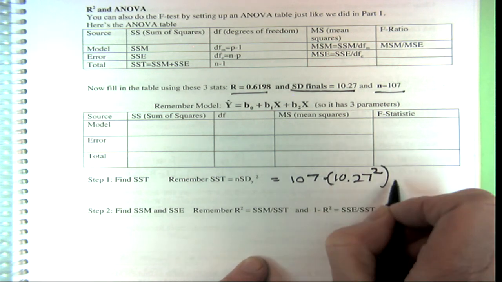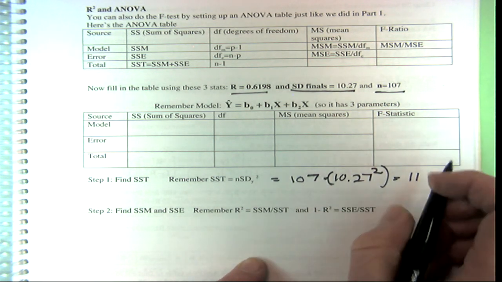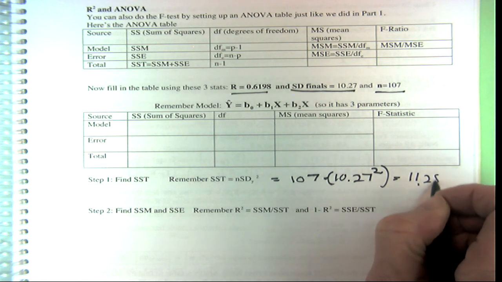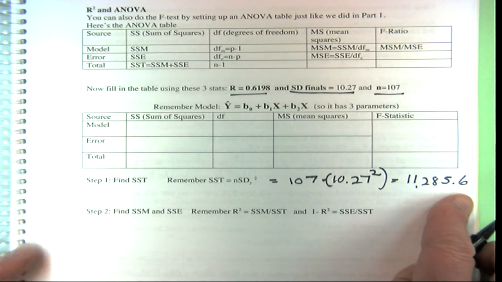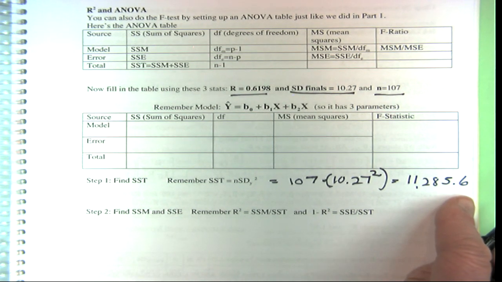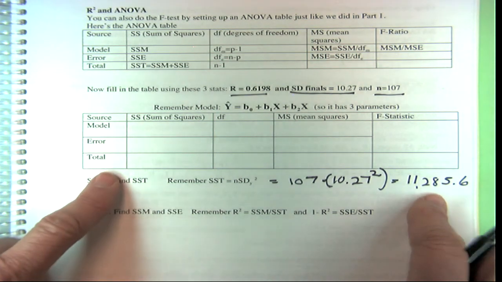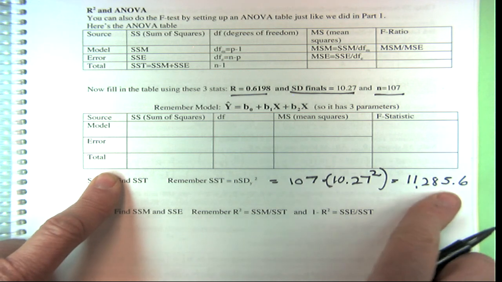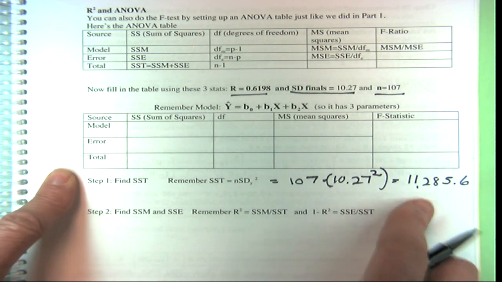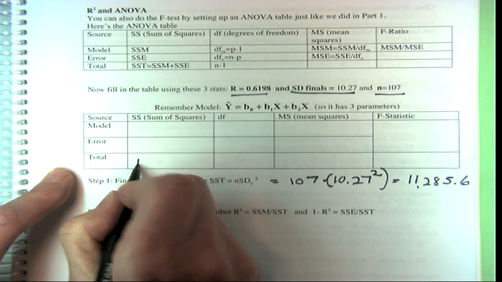That's 11,285.6 squared points from the average. Deviations from the average, that's what that means. The sum of squares total is how much the y's vary. This is the variance times n. So we'll stick that right here.